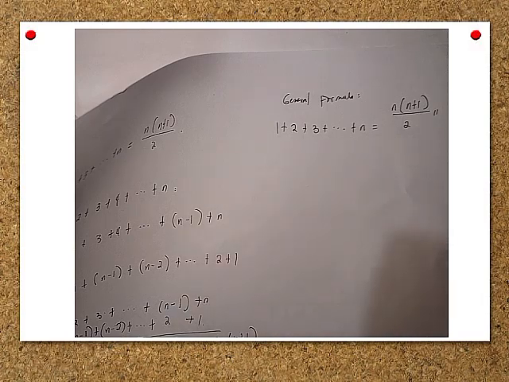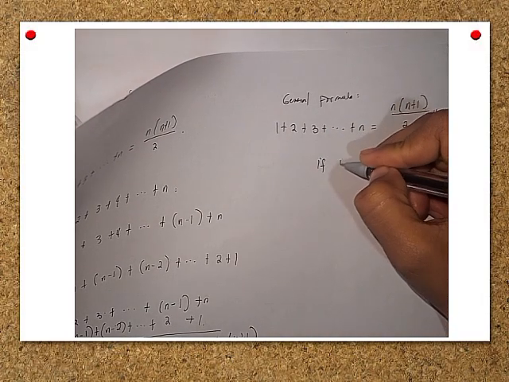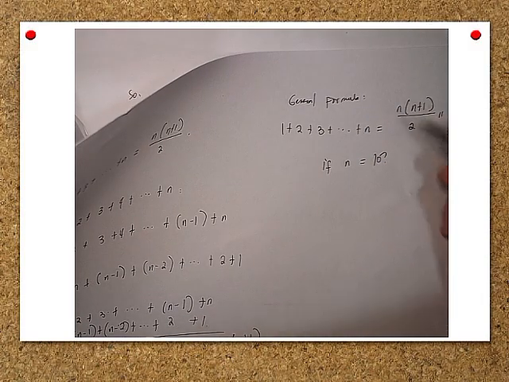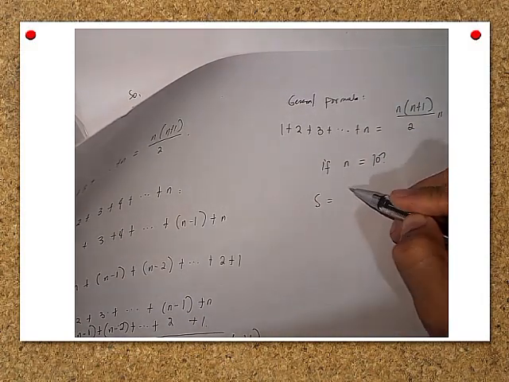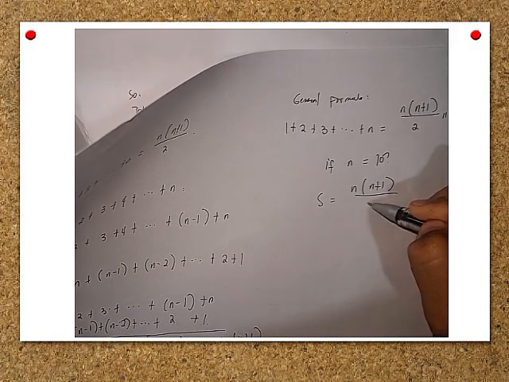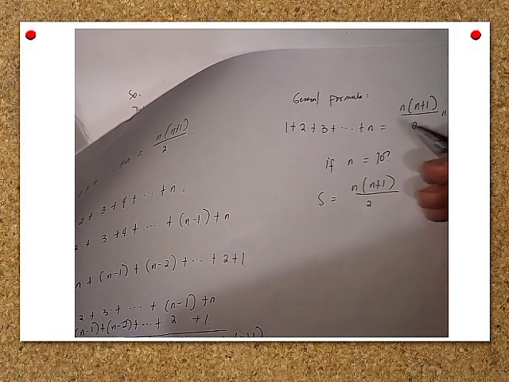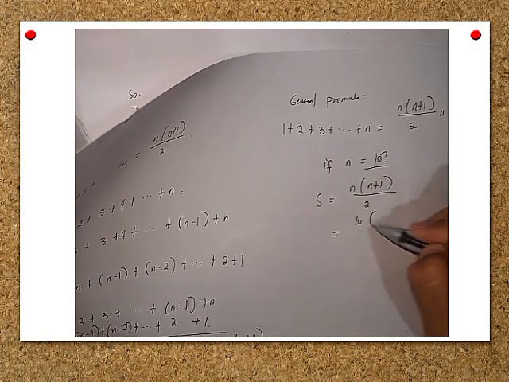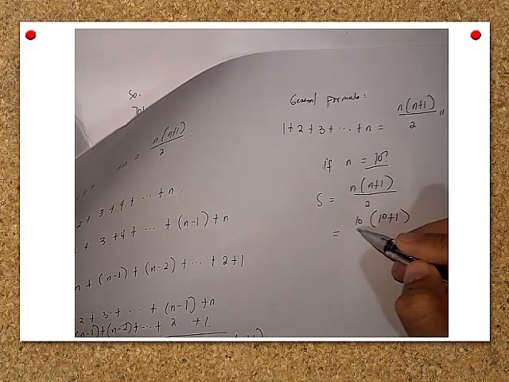Let's try it with n equal to 10. We use the formula S equals n times (n plus 1) over 2, and distribute the value of n. So we have 10 times (10 plus 1) divided by 2.